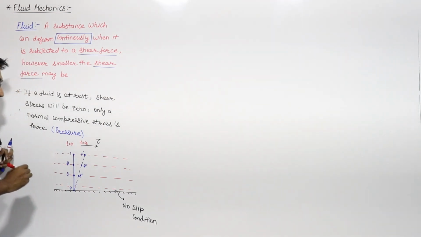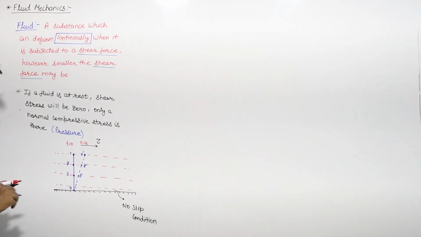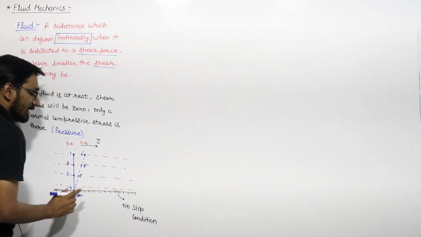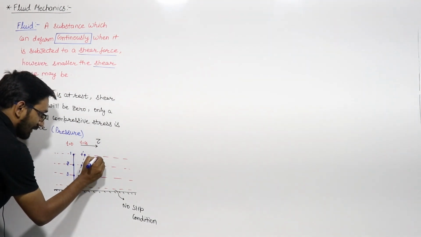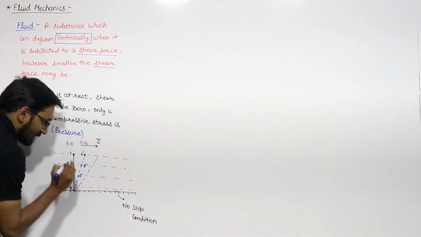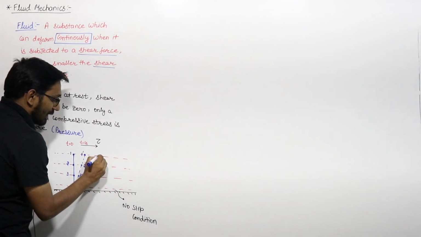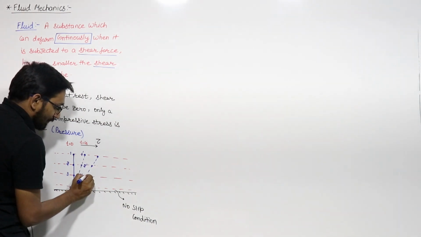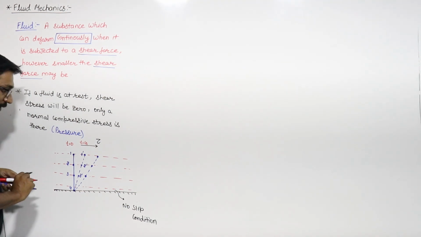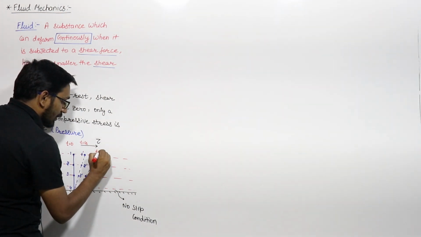Shear stress is still acting, so this fluid is continuously flowing. After some time, this fluid will take this shape and reach this point. This is 1 double dash, 2 double dash, 3 double dash, and point 4 will remain here. This is time t equal to 2 seconds.